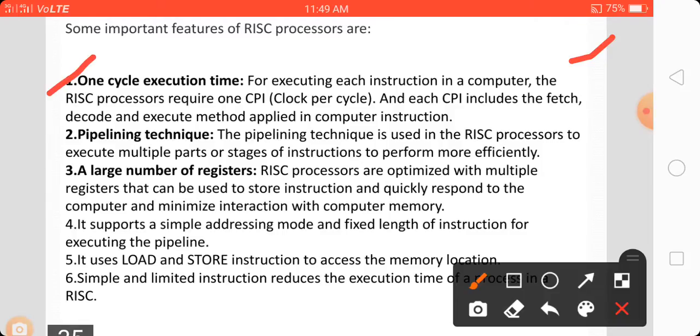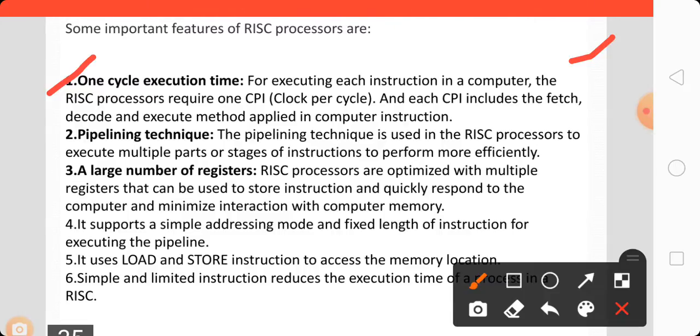For executing each instruction in a computer, the RISC processor requires only one clock per cycle, and each clock cycle includes the fetching, decoding and executing methods applied to the computer instruction. This is the first feature of the RISC processor.